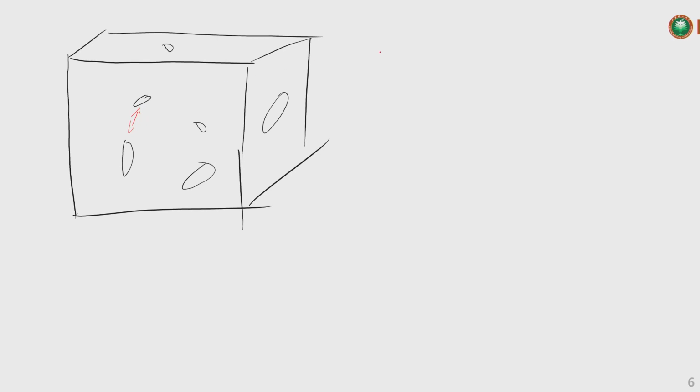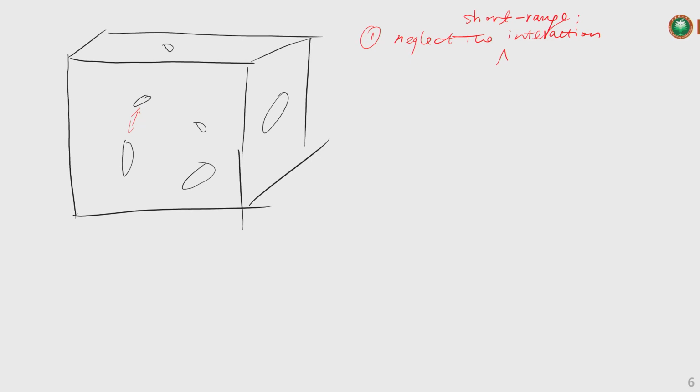So the first assumption is that we neglect the short range interaction. That means the distance between two neighboring inclusions should be large enough, so that we can neglect the interaction.